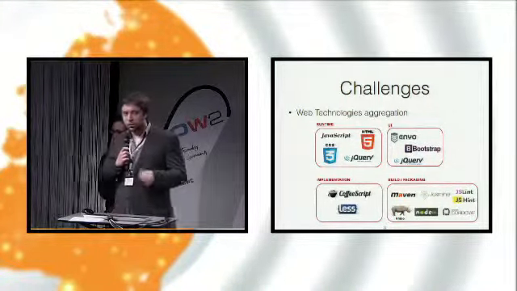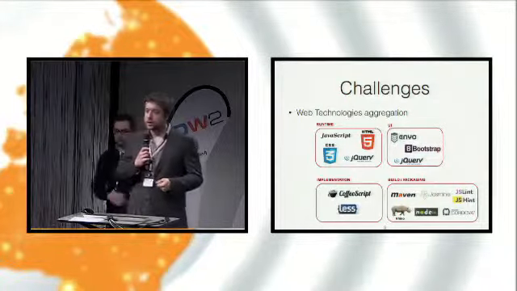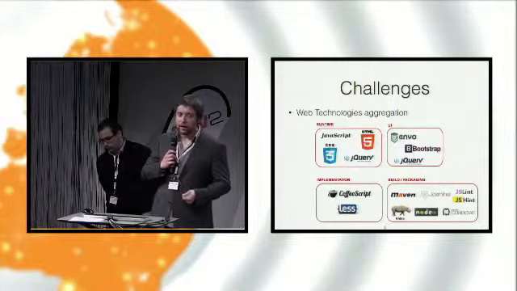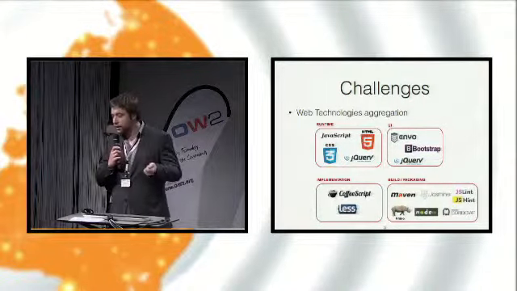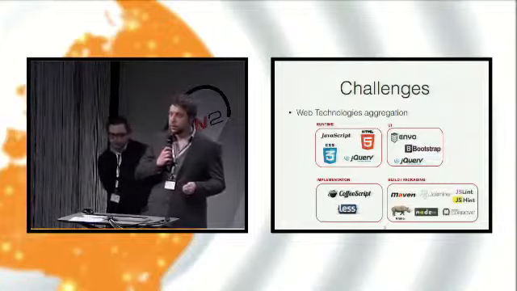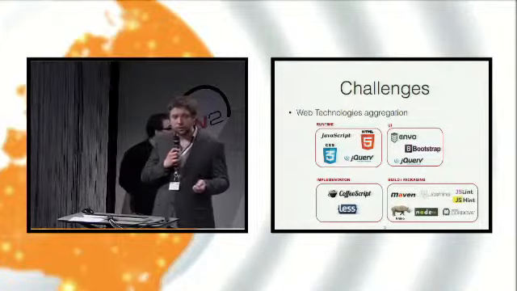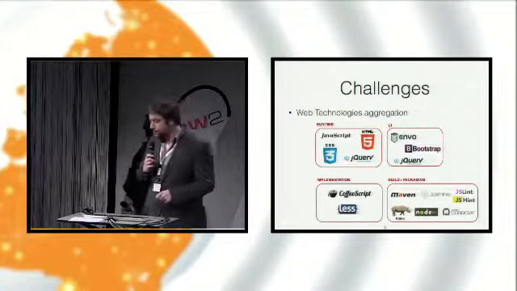Once he has chosen his technology, how can he bring it into a project and into the industry of his enterprise? How can he use CoffeeScript in a continuous integration environment?